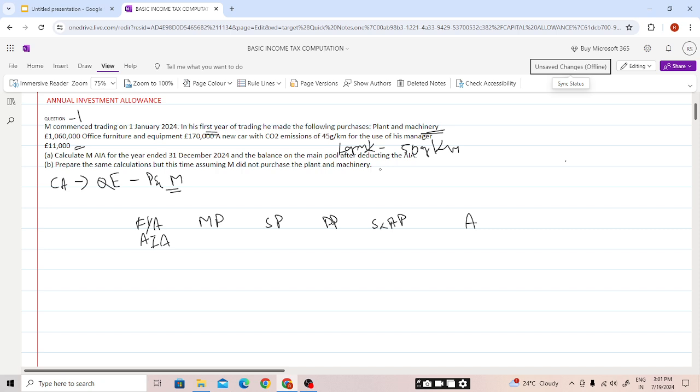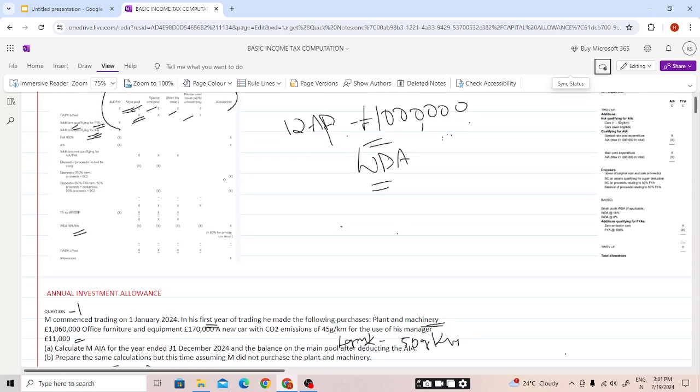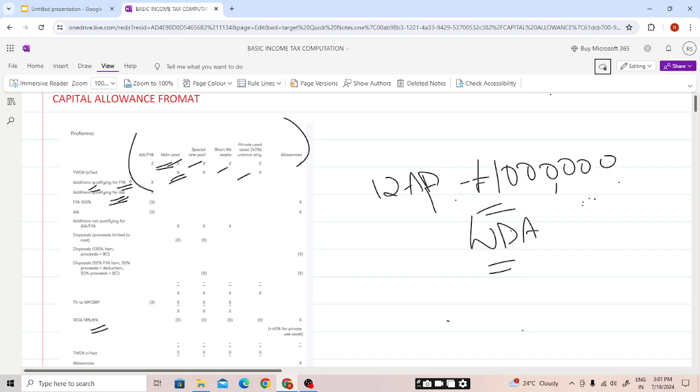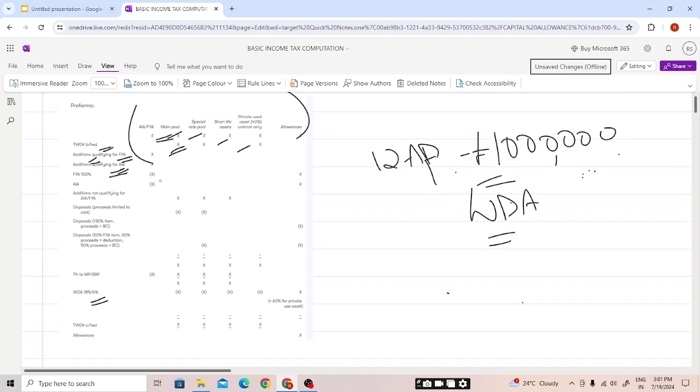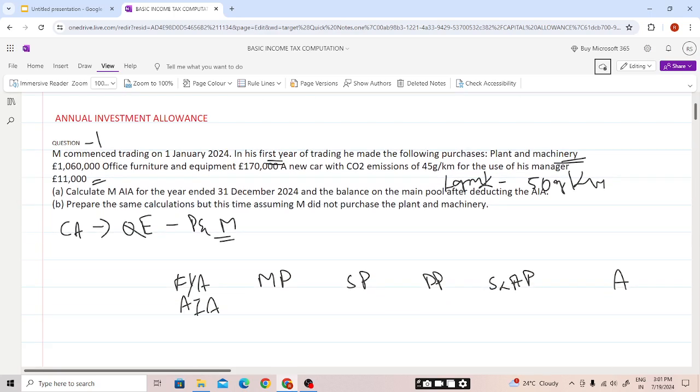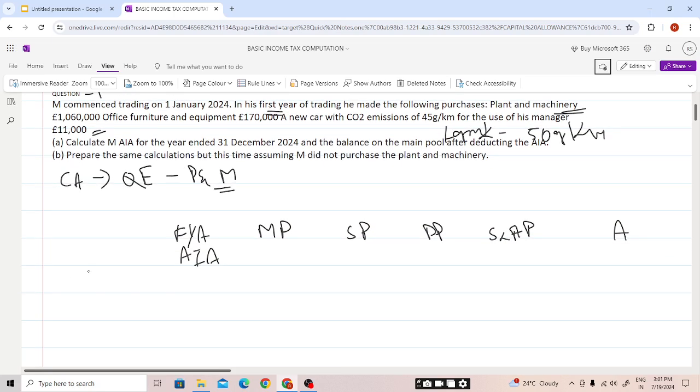So now we have already seen which pool the assets will fall in. Now we need to see whether any balance is brought forward, tax written down value. As our format starts, students, from tax written down value, as M commenced trading on 1st January, no tax written down value will be there.